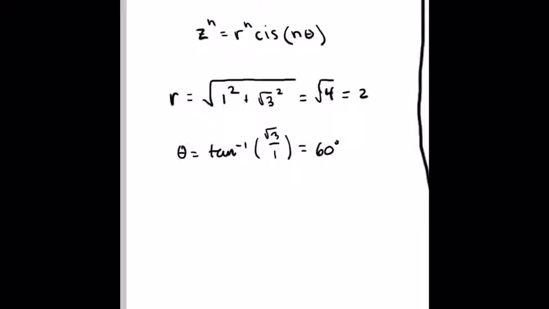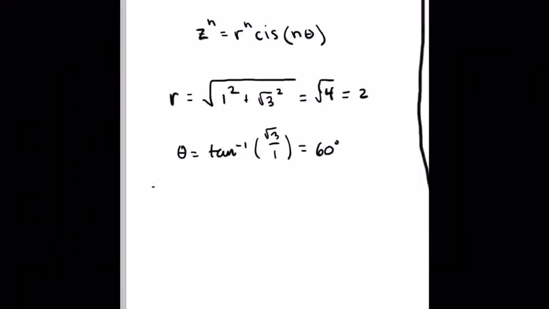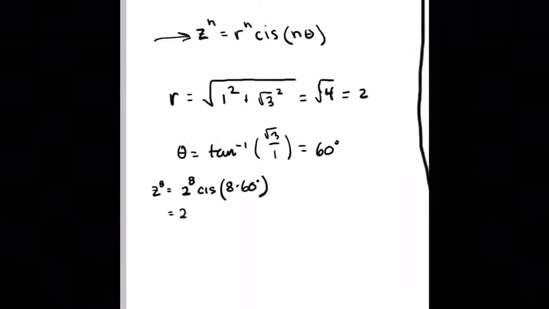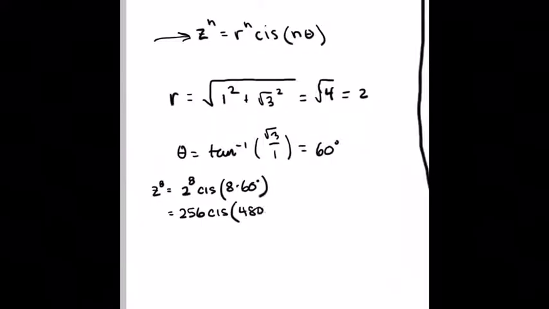Okay, so if we now want to find z to the 8th power, we do this formula here. So 2 to the 8th CIS 8 times 60 degrees. 2 to the 8th power is 256, and then 8 times 60 is 480.